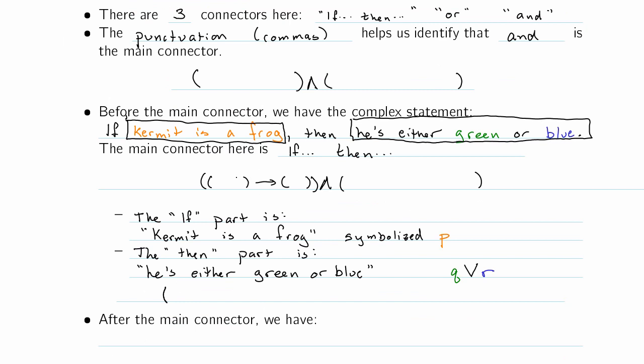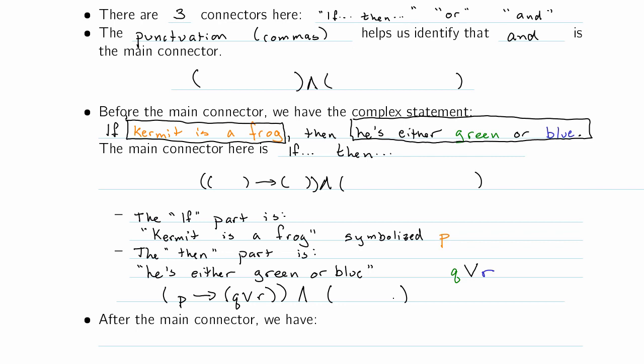We want to put P in before the if-then. That doesn't need parentheses around it. Q or R after the if-then. That does need parentheses around it. And then close the first parentheses. And something we haven't figured out yet.